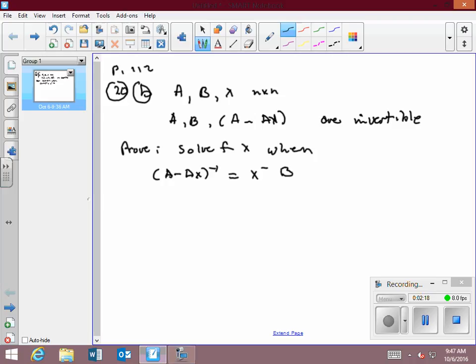Now, in this process, what we want to do is invert both sides. A minus AX invert.